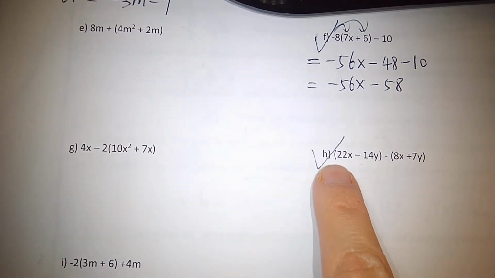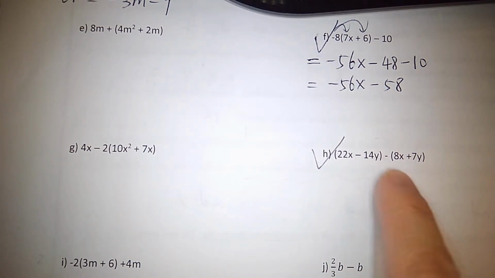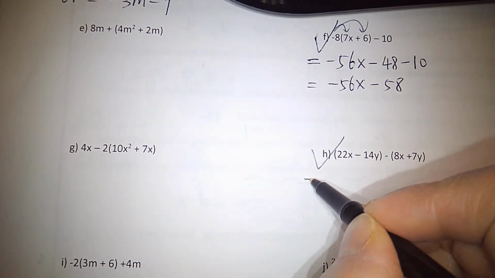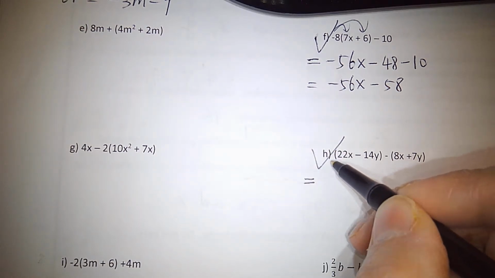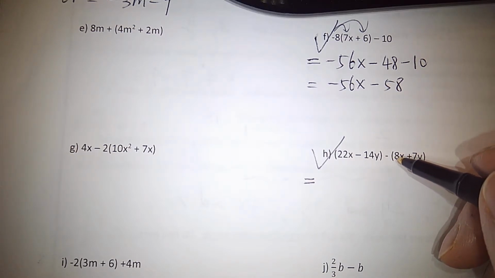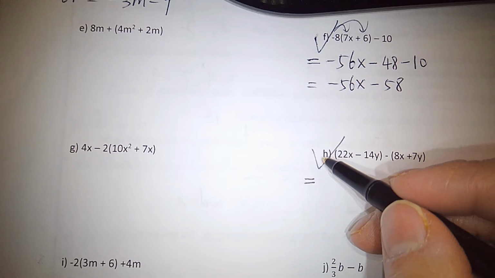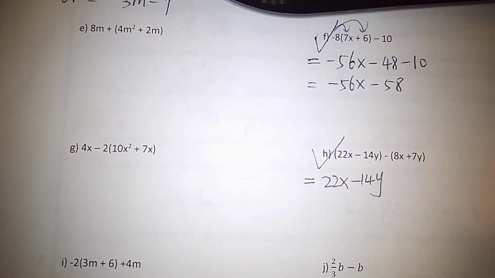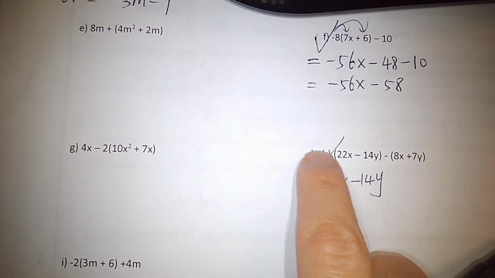H. There are two parentheses. How to get rid of these parentheses? Any negative sign in front? No. If we get rid of parentheses with no negative sign in front, what should we do? Keep everything whatever it is, okay? Because it's a plus, right?